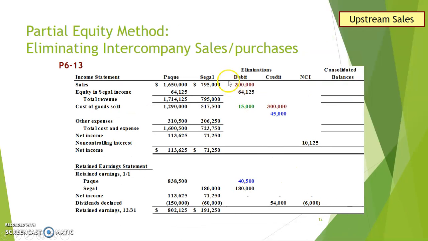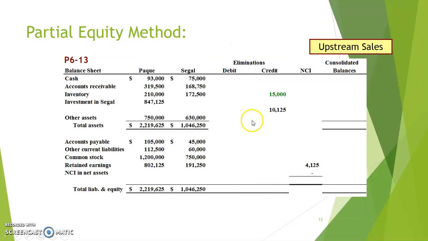So you would note here now your entries. The sales have been reduced by debiting 300, crediting the cost of goods sold. Next, we have the ending inventory. Here, 45,000 is its total, 40,000 going to the retained earnings of the parent, which is Prac, to realize this is in the beginning inventory, and the NCI getting their share. Then we would reduce the inventory on the balance sheet.